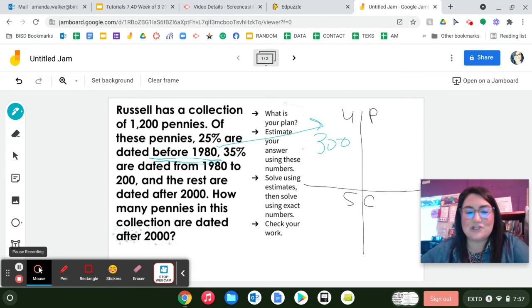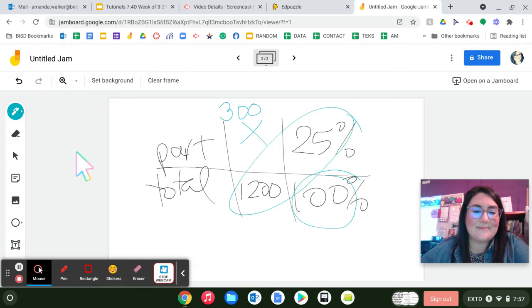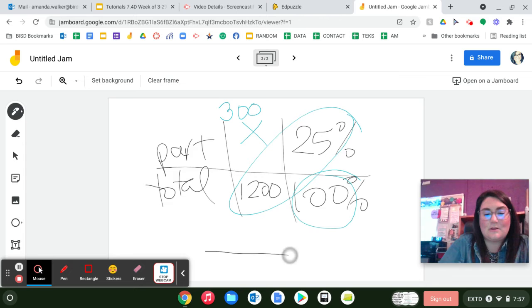The other information we want to find out is what would be 35% of our pennies. So our setup is going to be very similar to this setup where we have part, total, and instead of 25%, we're going to find 35%.